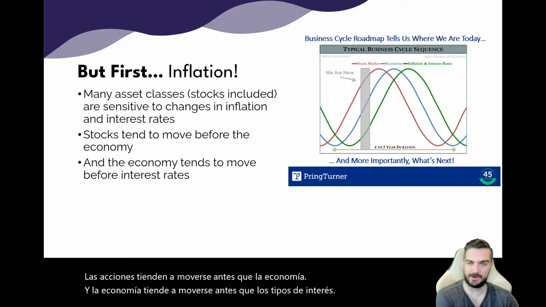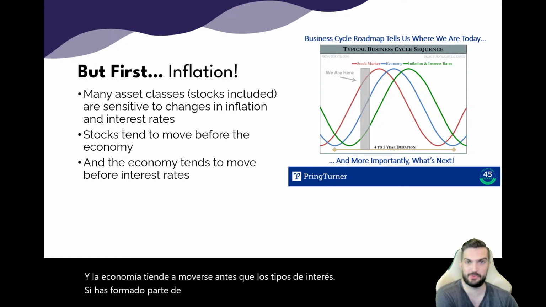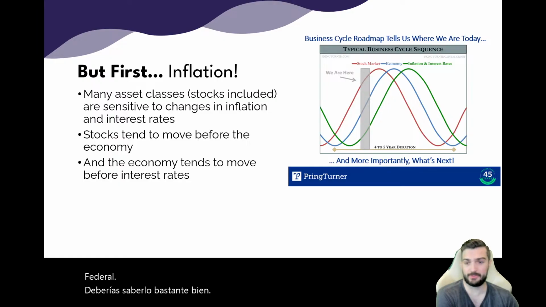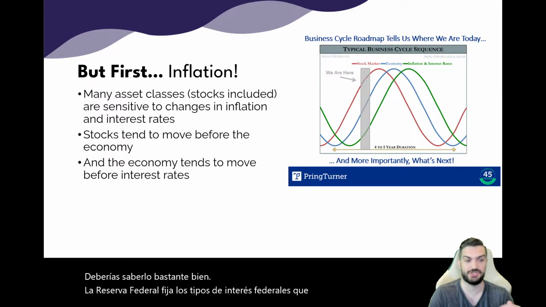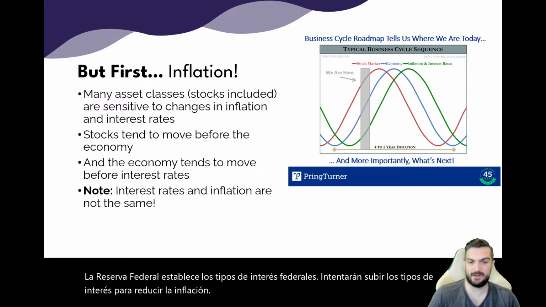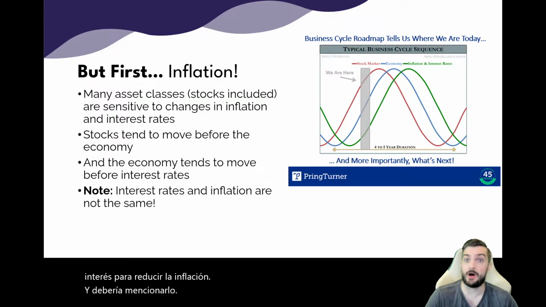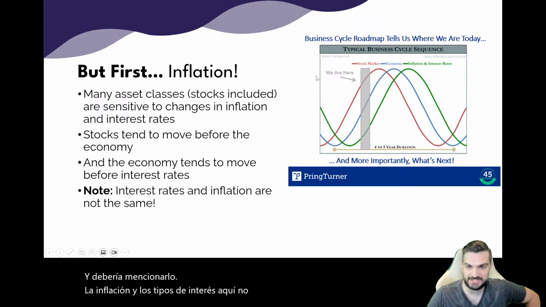If you've been a part of any of the webinars where I've talked about the Federal Reserve, you should know this pretty well. The Federal Reserve sets federal interest rates. They will try and increase interest rates to bring inflation down. And I should mention, inflation and interest rates here are not the same. We see this green cycle going up and down.